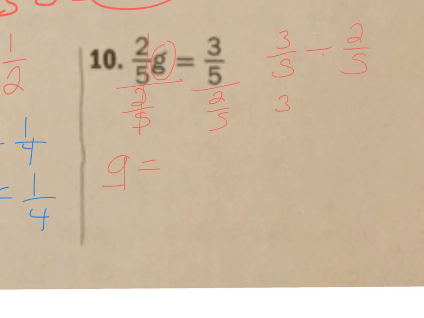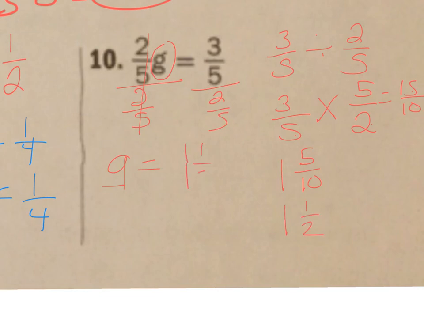I got to keep, change, and change. Now, 3 times 5 is 15. 5 times 2 is 10. Okay. I know that 10 can go into 15 one time, and that leaves me 5 left over 10. And if I reduce 5/10, it's going to be 1 1/2.